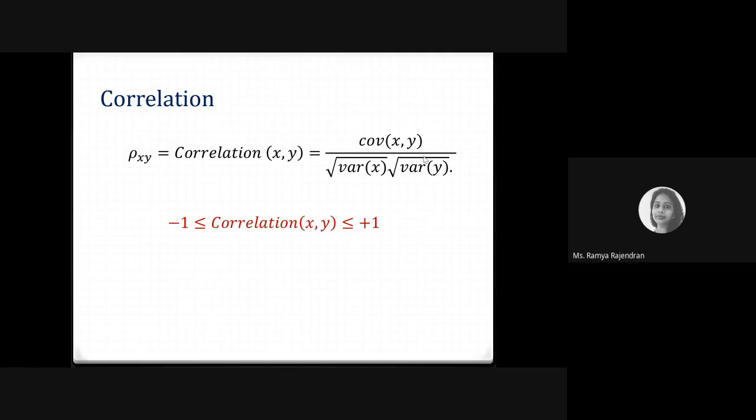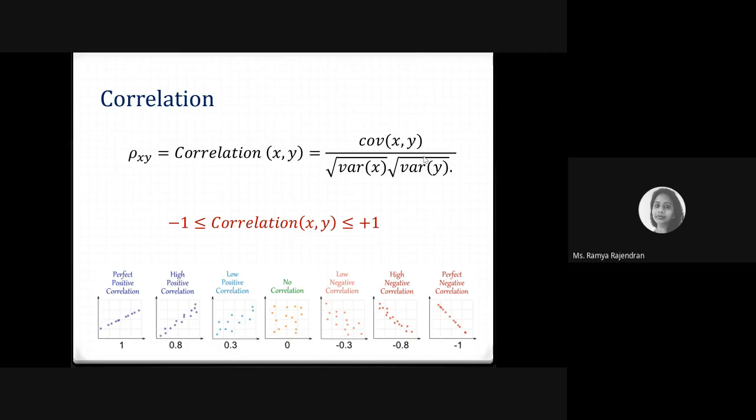Always remember the value of correlation always lies between -1 and +1. When the value is exactly 1, you can say the two random variables are perfectly positively correlated with each other. So you can call it a perfect positive correlation when the correlation value is 1.